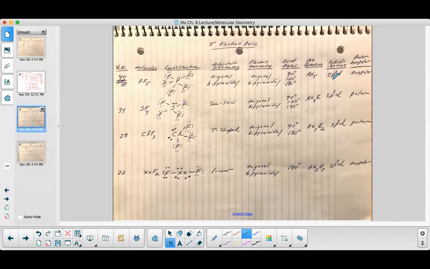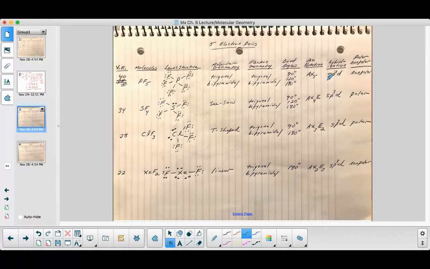And then the hybridization here is a little bit different. All you have to do to identify hybridization is to say, okay, how many bond sites do I need? Well, this has 5 bond sites, so I have to have sp3d. I have one electron in an s orbital, 3 p's with 1 electron each, and 1 d with 1 electron.